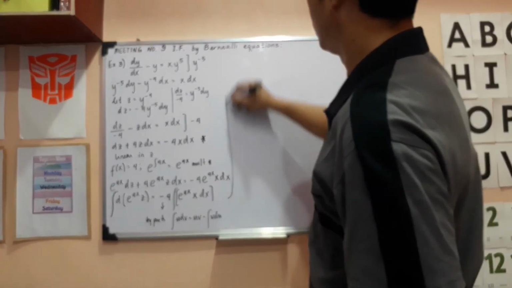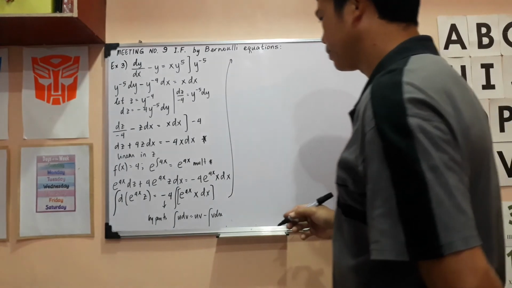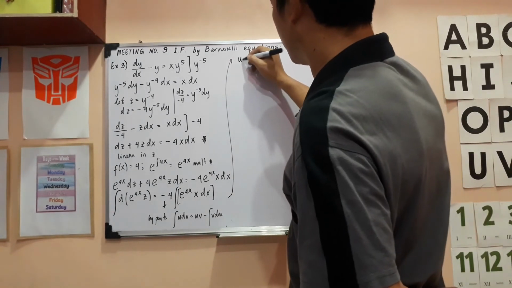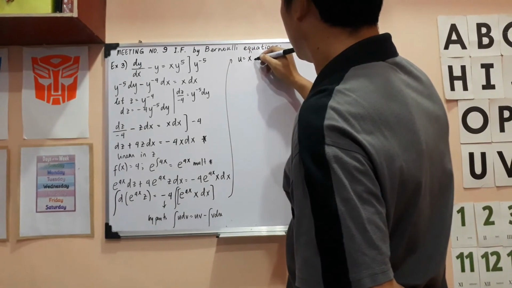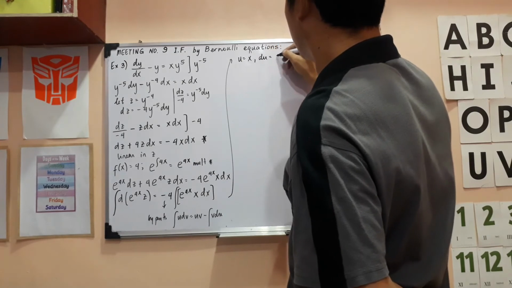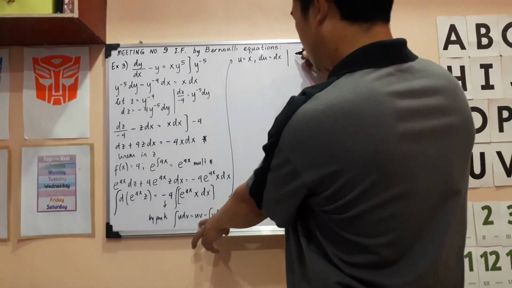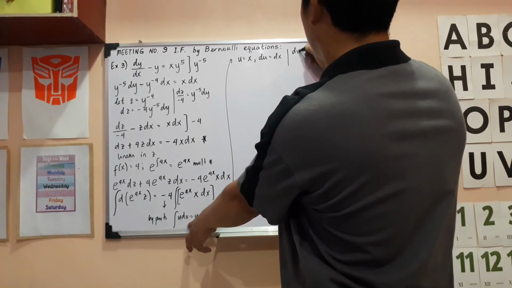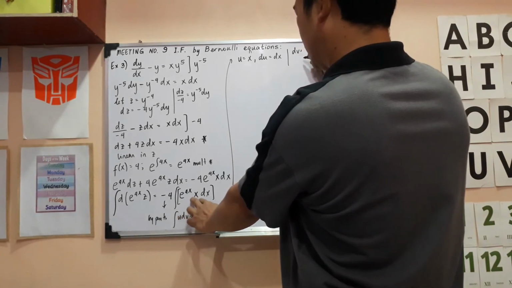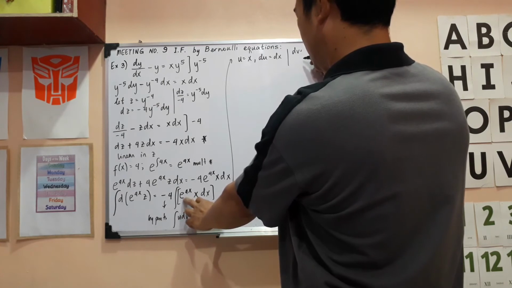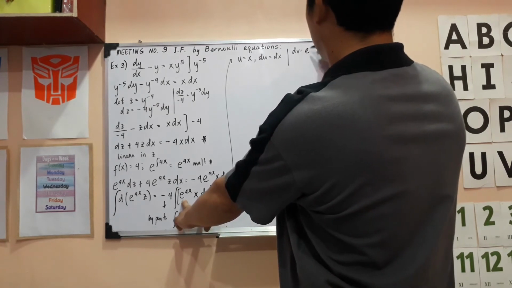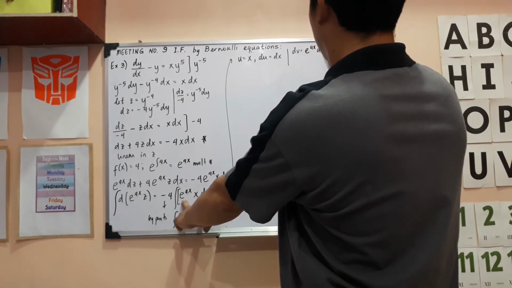So ano ang integral niyan? Ano ang u natin? x. Ano ang du? That is dx. And then ano ang dv? Yung natira, e raised to 4x dx.